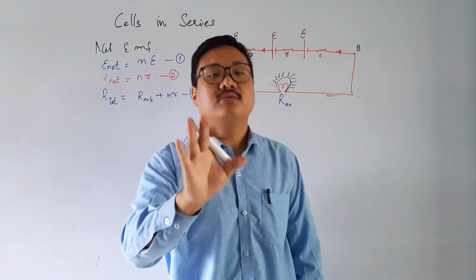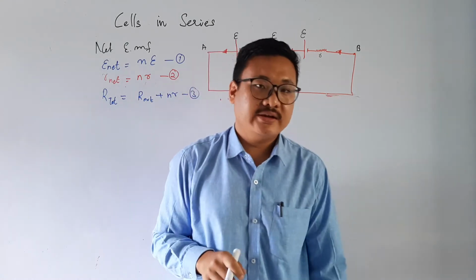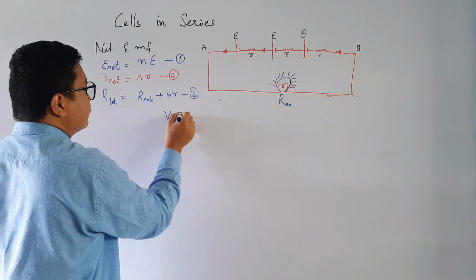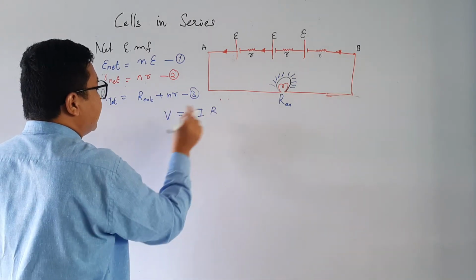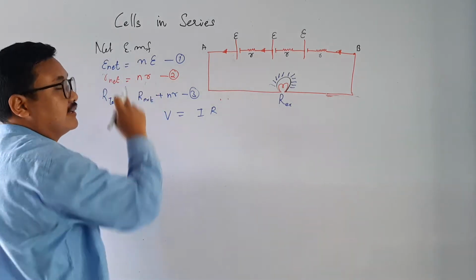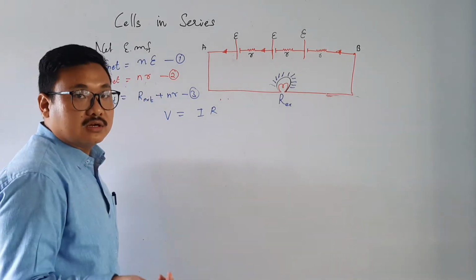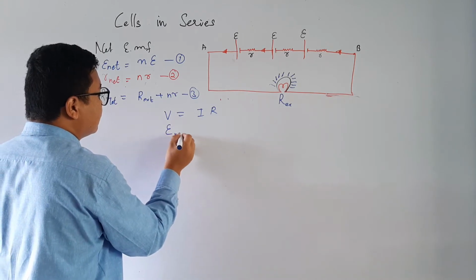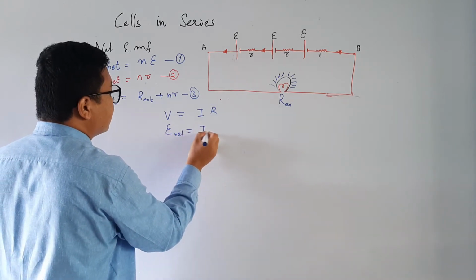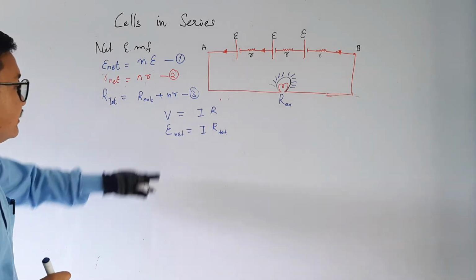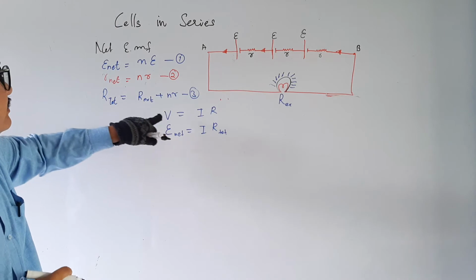Now let us find the equation of current. We know that V is equal to IR. And what is V? It is potential difference. And what is E? It is EMF, which is also a potential difference. So I can write this E net is equal to I R total. Understood? This is E net, this is also potential difference.